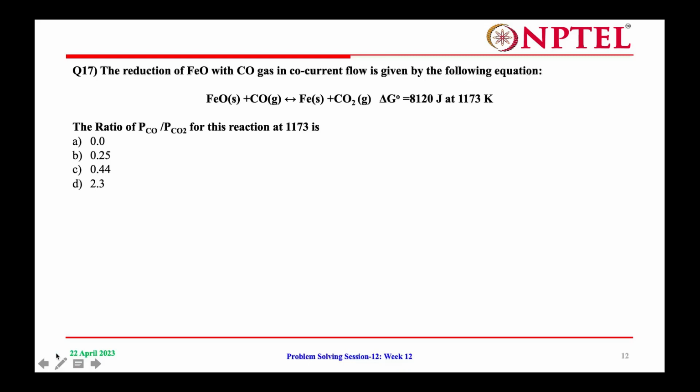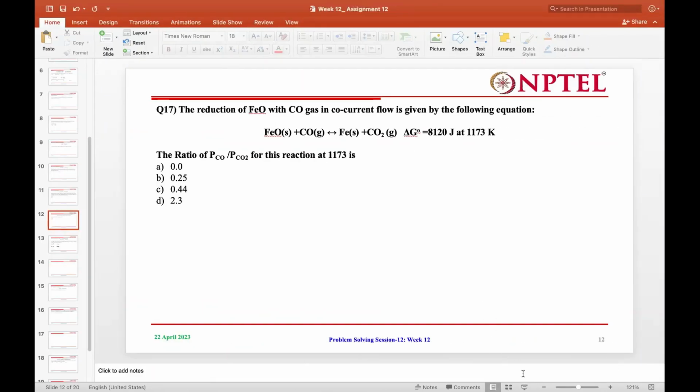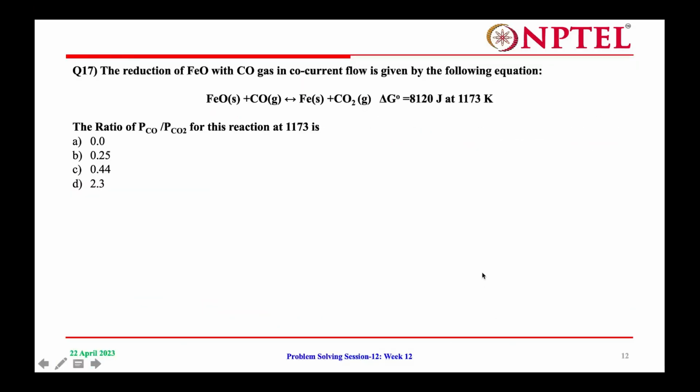Question number 17. The reduction of FeO with CO in a co-current flow is given by the following equation. FeO plus CO gives Fe(s) plus CO2, and gives the Gibbs energy at this temperature.